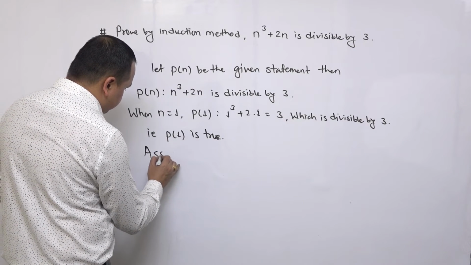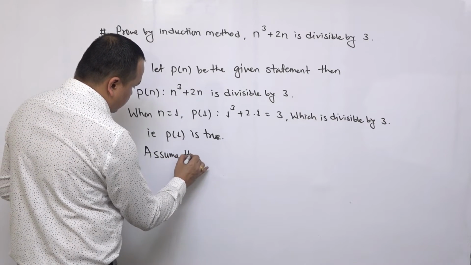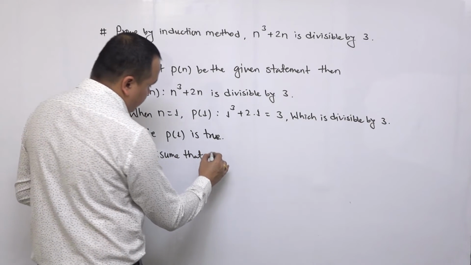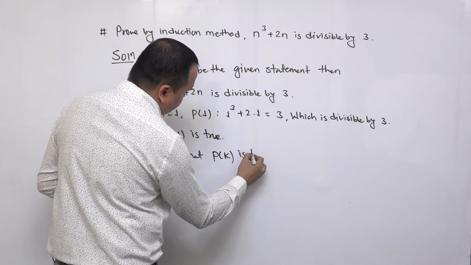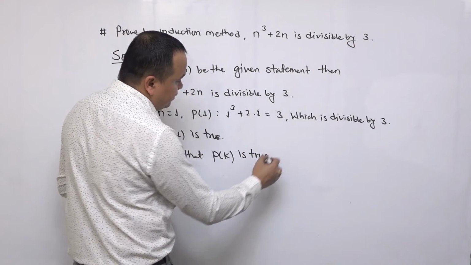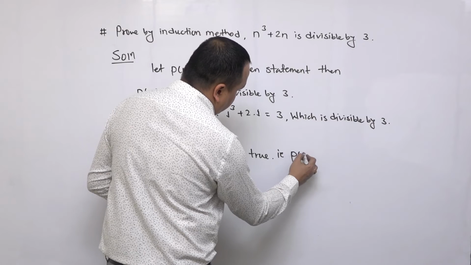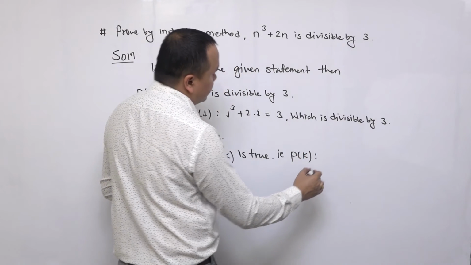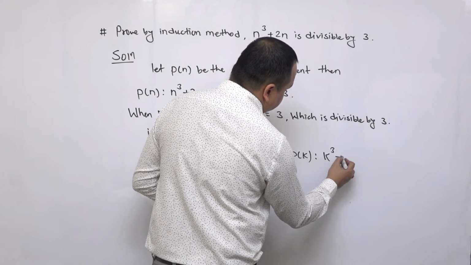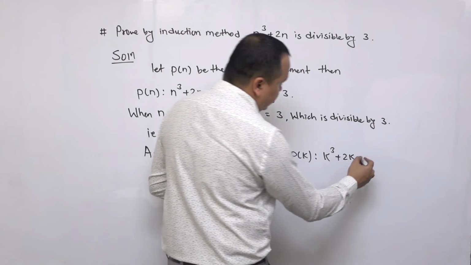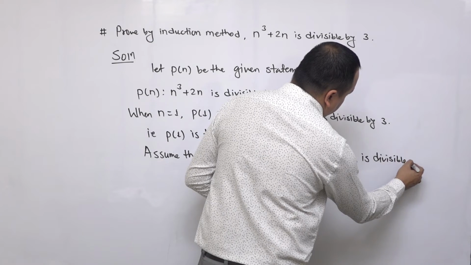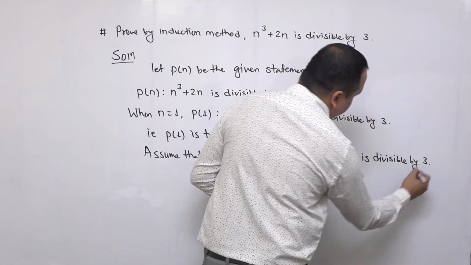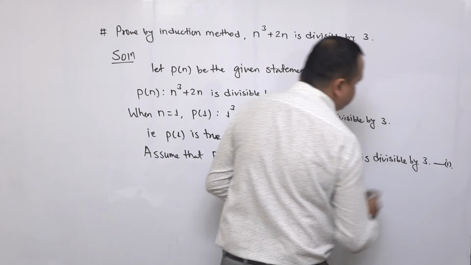Assume that Pk is true. That is, Pk such that k cube plus 2k is divisible by 3. Equation I.